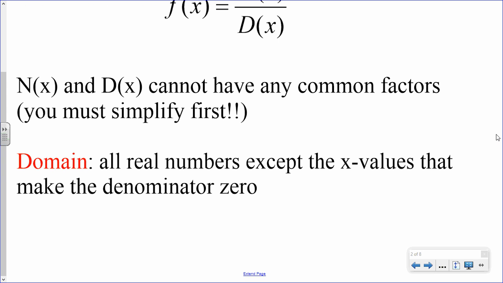All right, our denominator can equal 0. So our domain will be all real numbers except those x values that make the denominator 0. Okay, that still has not changed. Just a warning, I will be asking for domain and range on each of these graphs.